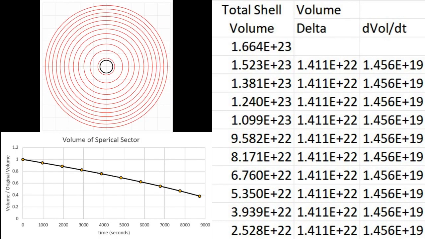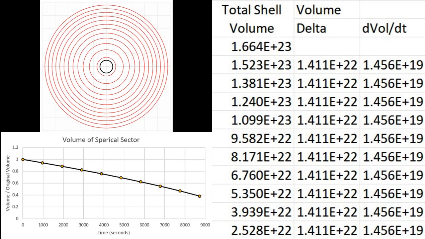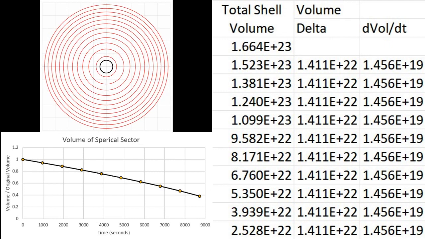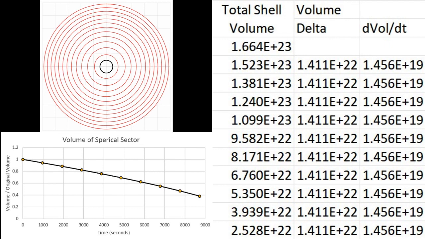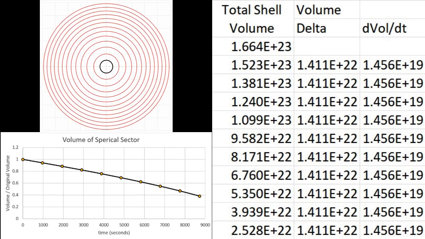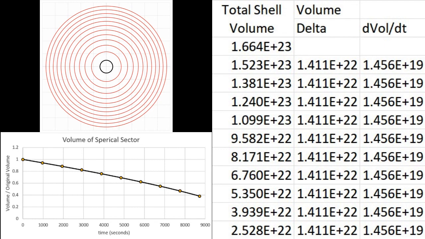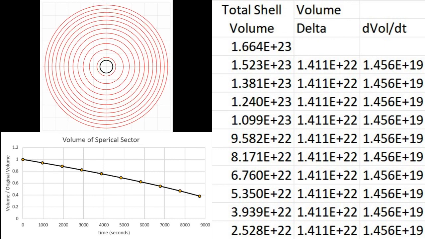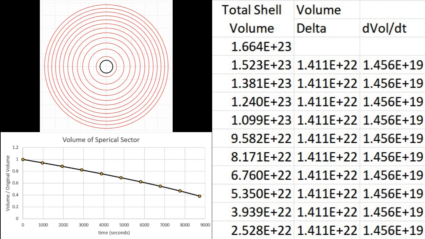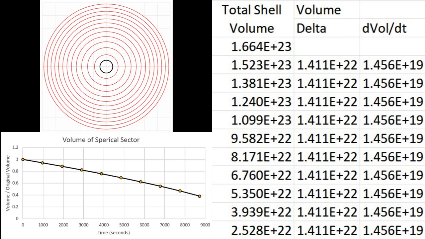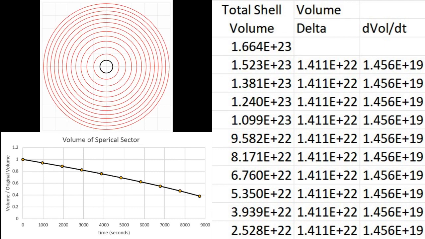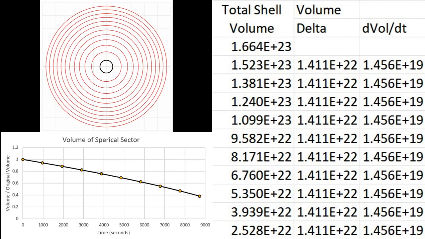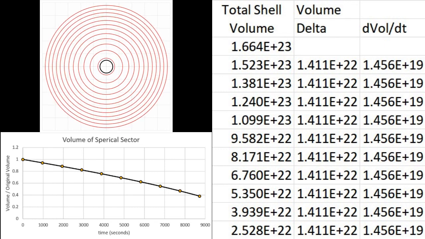In fact, the rate of volume change of that cube is the same as the rate of volume change of these shells of space as they all fall in towards Earth. I computed the volume of the shell over equal time intervals as they fell into Earth, and they lose an equal amount of volume in equal amounts of time. And I showed that plotted on the graph at the bottom and with the numbers over at the right.